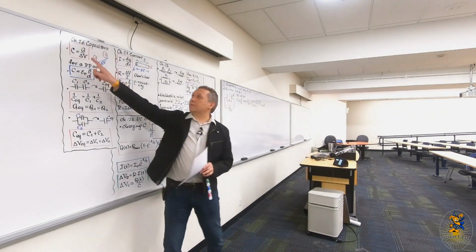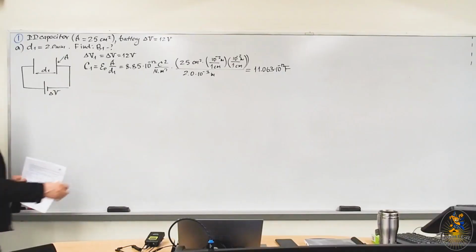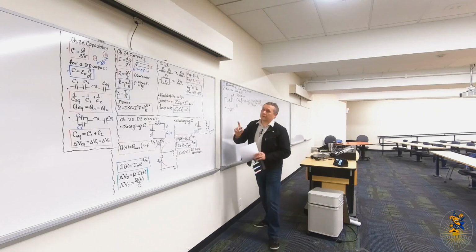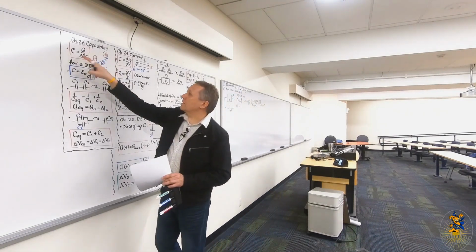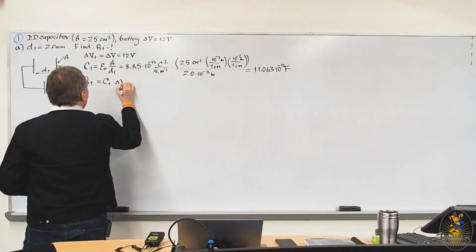We analyzed Q, C, delta V, so now we can answer the final question, Q1. From the definition of capacitance, Q will be C1 times delta V.